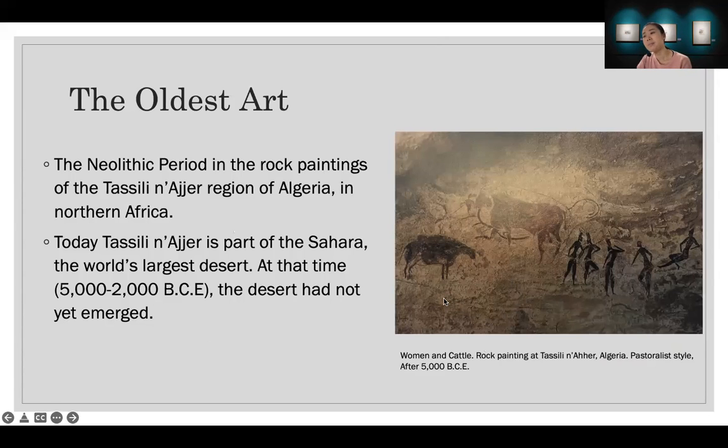So we can assume at that time the desert had not yet emerged. The reason is that it was a vast grassland, home to animals, plants, and the people we see depicted here. The figures depict the essence of human and animal bodies in actively posed, stylized silhouettes.